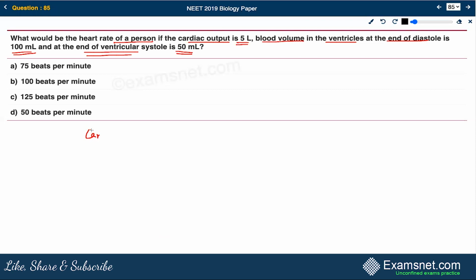Now, if you people remember, then cardiac output is equal to stroke volume into heartbeat or heart rate, you can say.